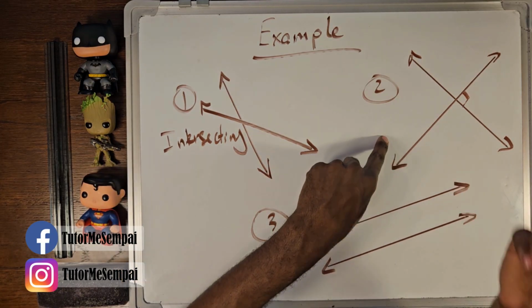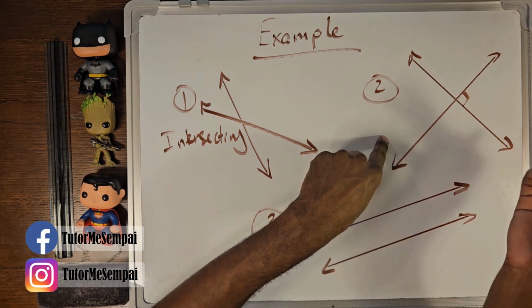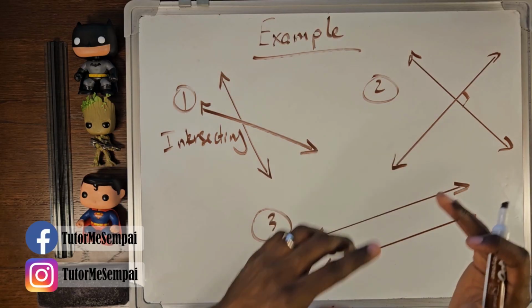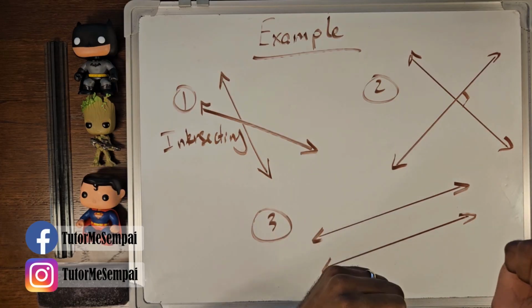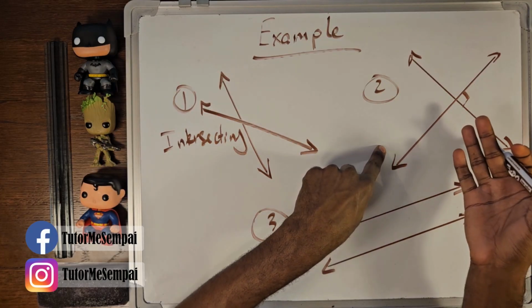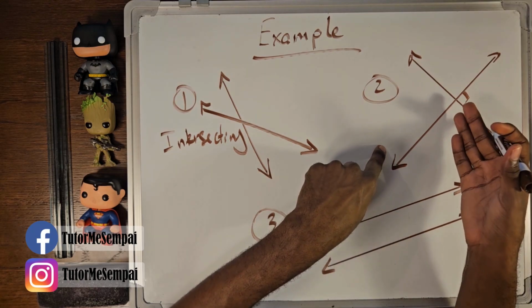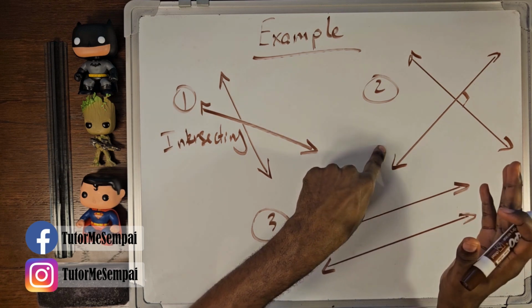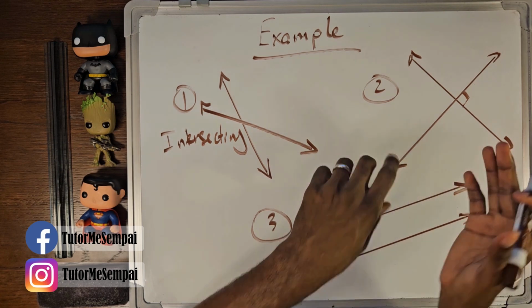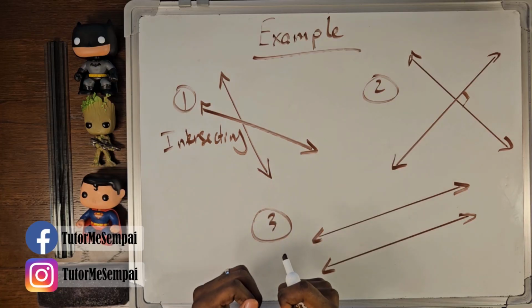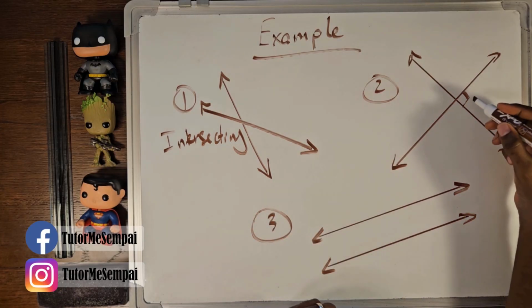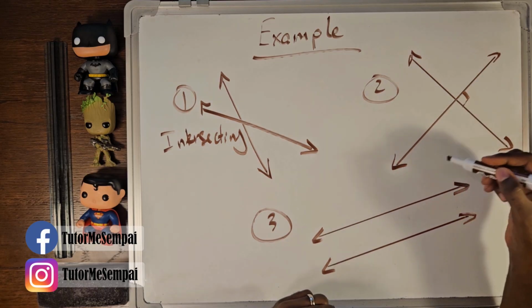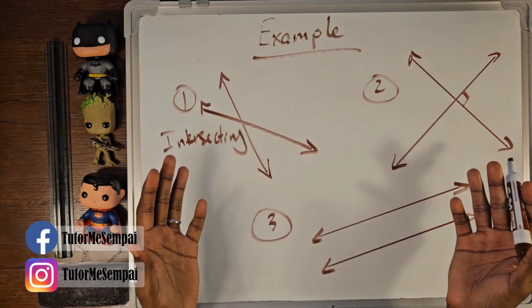How about number 2? Are they touching? Will they ever touch? And if they do touch, are we going to have that 90-degree angle? Well, first question, are they touching? Yes. So we don't even have to worry about will they ever touch. They're actually touching here. So once again, we're not going to have parallel lines. However, is it going to be perpendicular or just another set of intersecting lines? Well, I drew this little box here. You may see one box, you may see all the boxes, sometimes you may see none of the boxes.